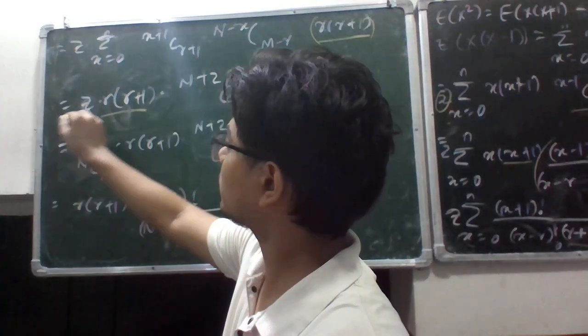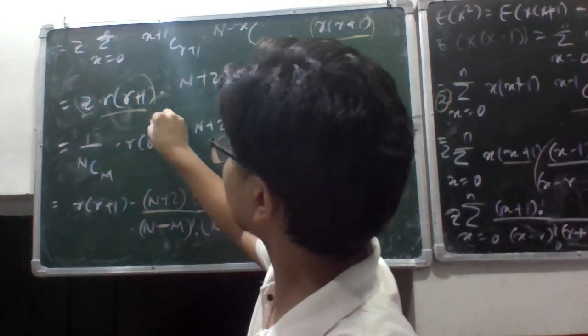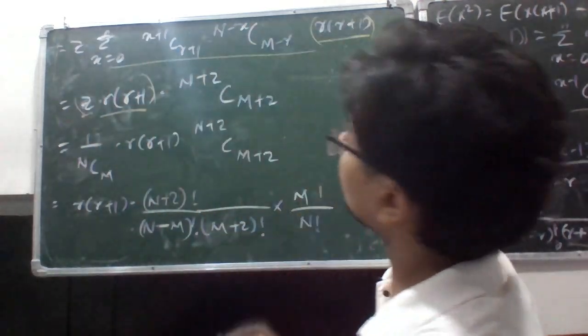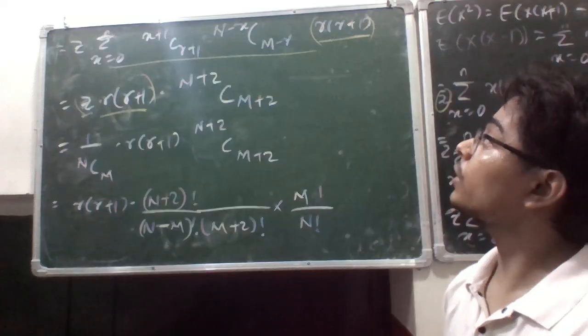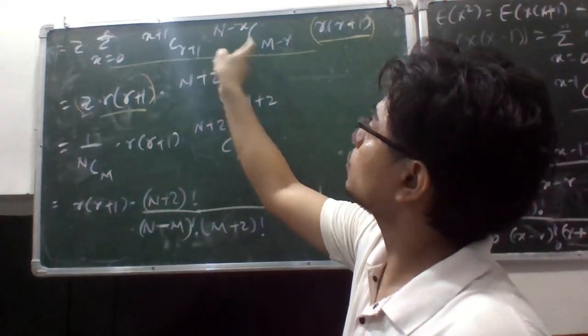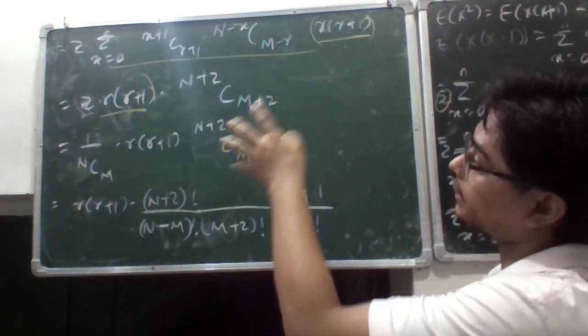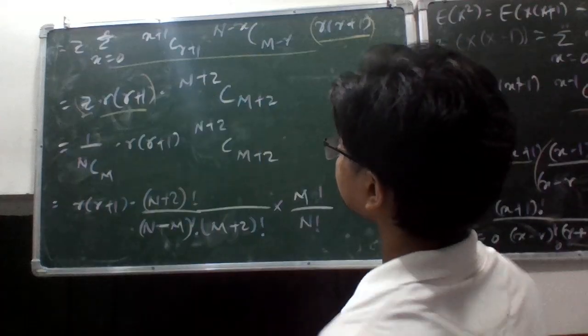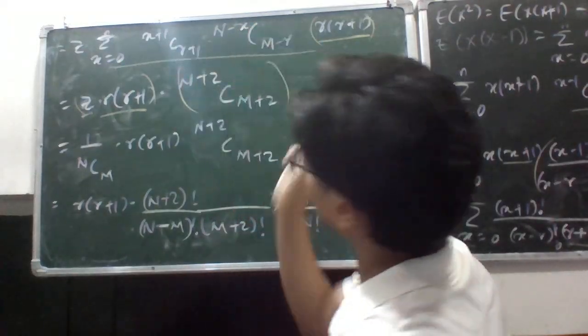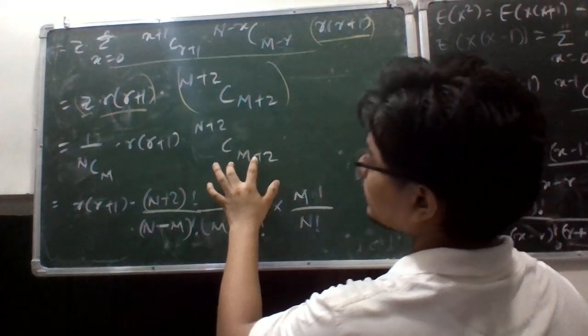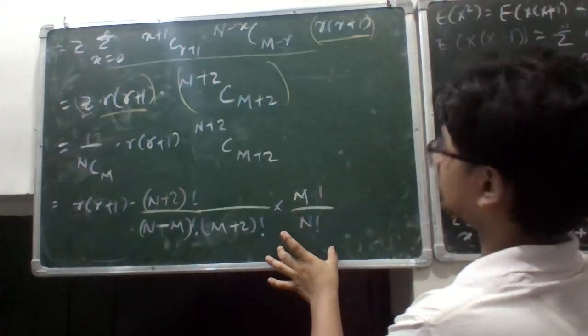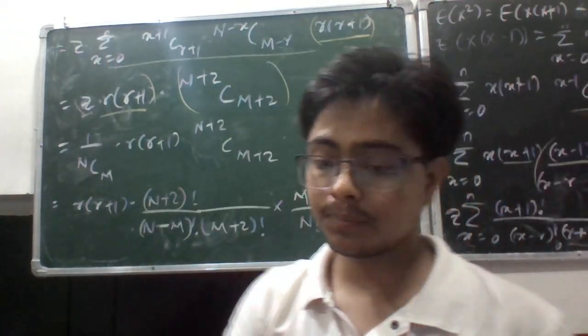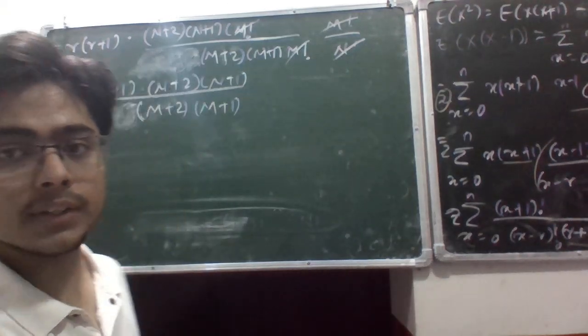Z is already a constant, so we have two constants, and from the property of the summation of the product of two combinations, we got this expression from the previous one. Then I opened it and got this.